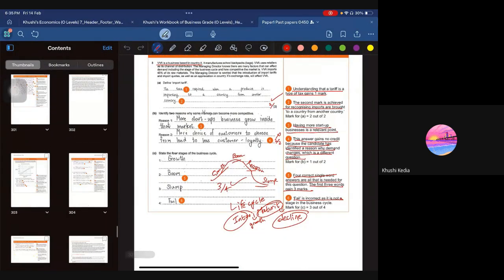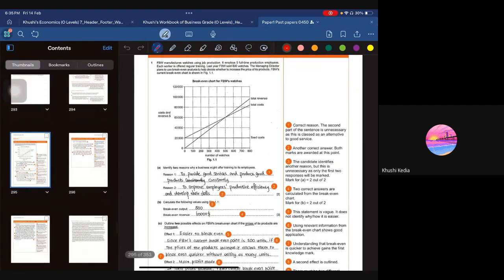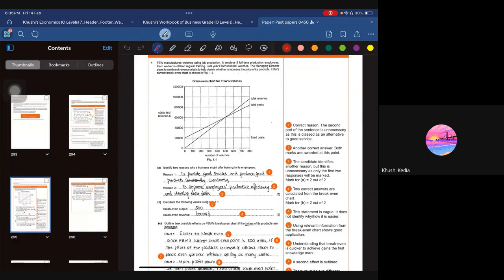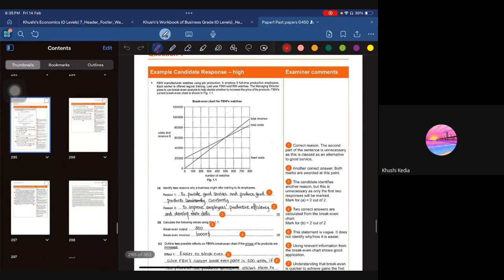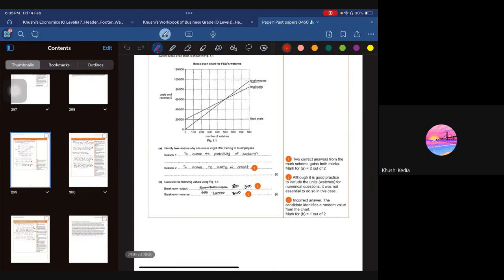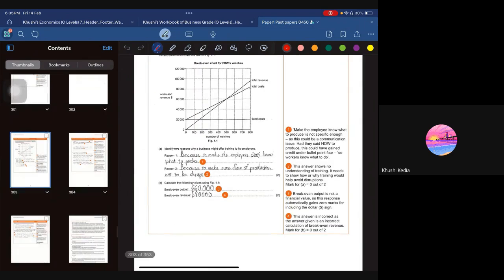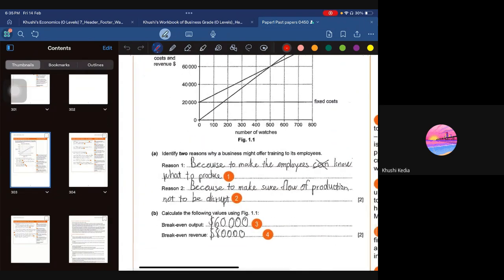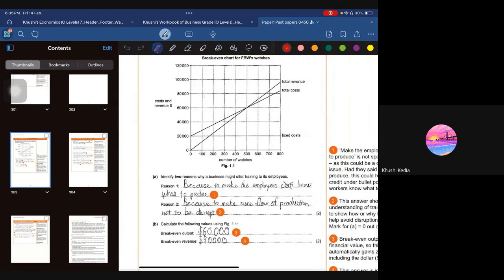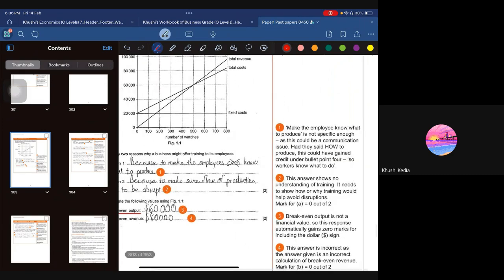Let's suppose there was a question in which you were supposed to give the break-even output. One student wrote $60,000. He didn't only give a wrong output, he also put a dollar sign there.